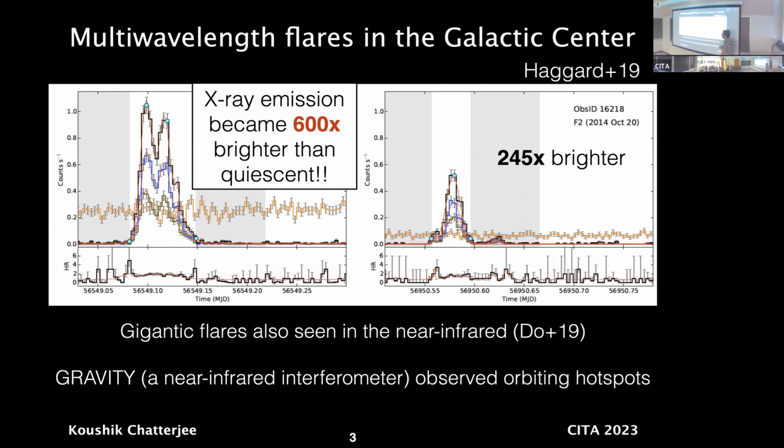So this was a huge, huge rise. Additionally, GRAVITY, which is a near infrared interferometer, also observed orbiting hotspots, not particularly for very large flares. I don't know if they have observed during a very large near infrared flare, but at least there was a significant bump in the light curve.